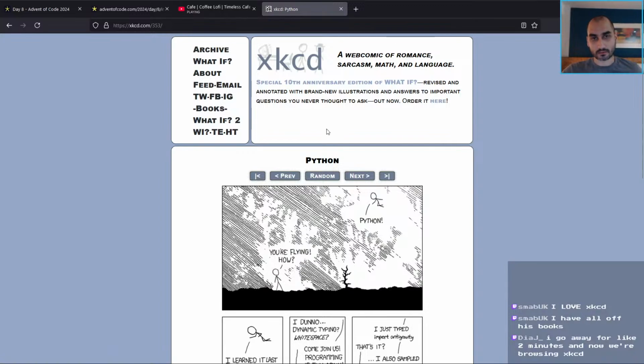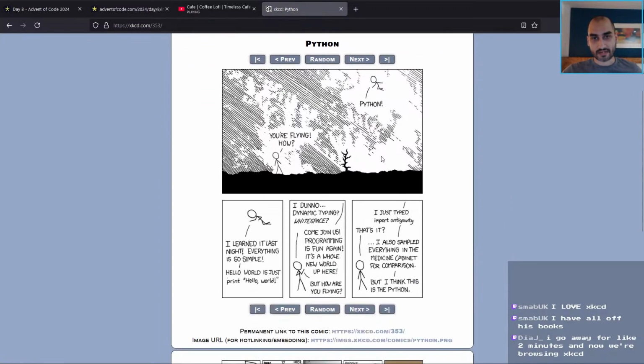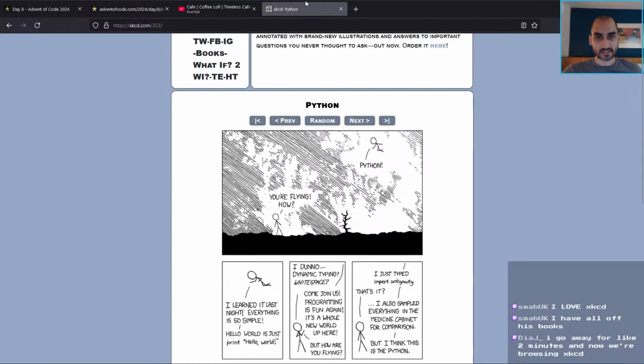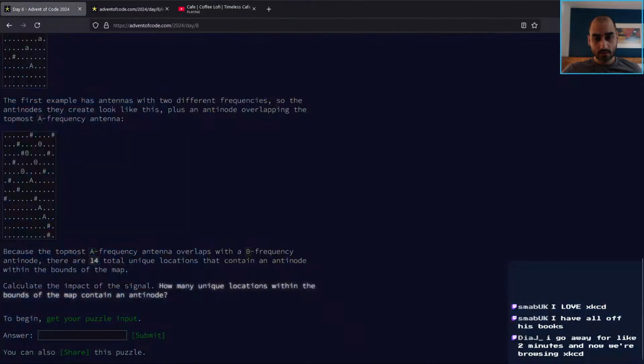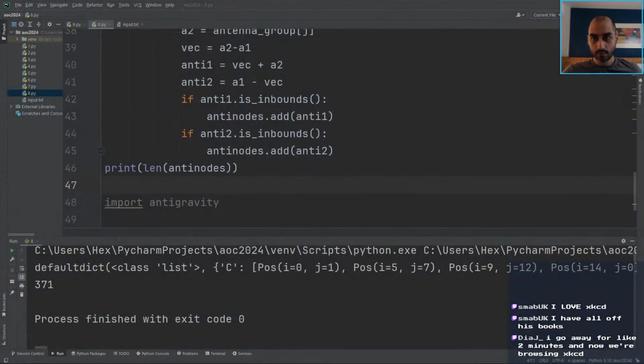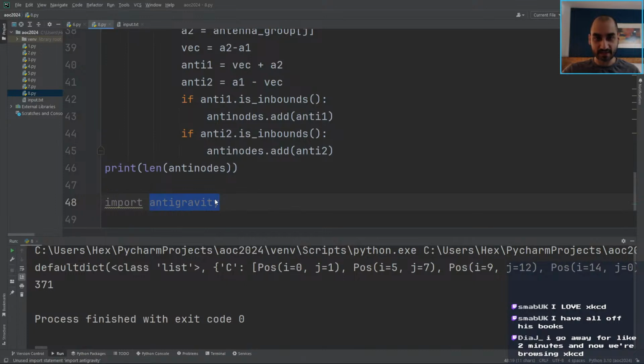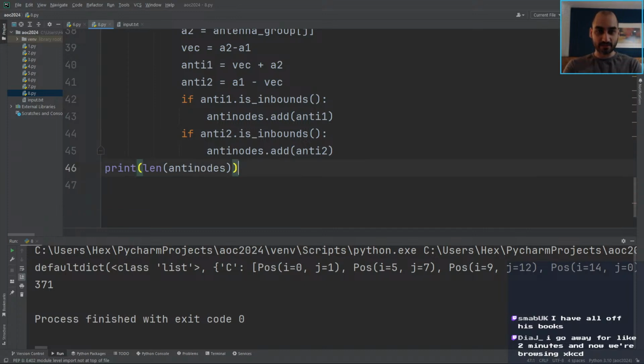I stopped years ago, but every now and then some of them make their way to other sites and I see them. Cool. I go away for 2 minutes and now we're browsing XKCD. Well, my code popped that up in the browser. This came up in the autocomplete, anti-gravity, and I forgot all about this. But this is actually in Python and has been since that comic was launched. Import anti-gravity basically just opens up that comic.